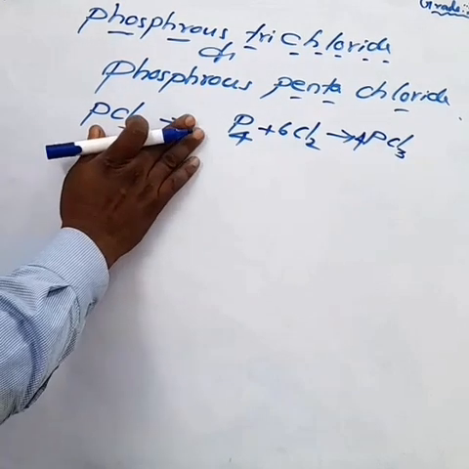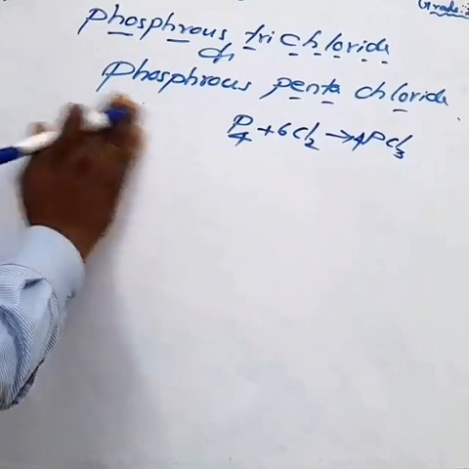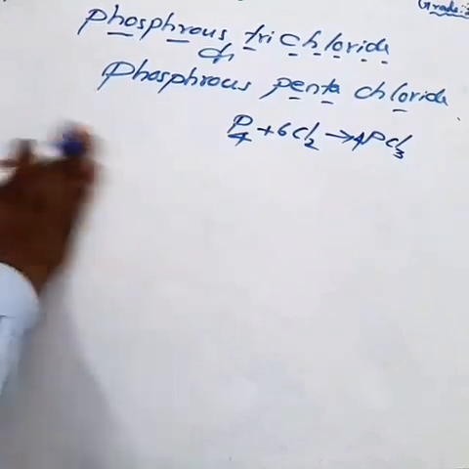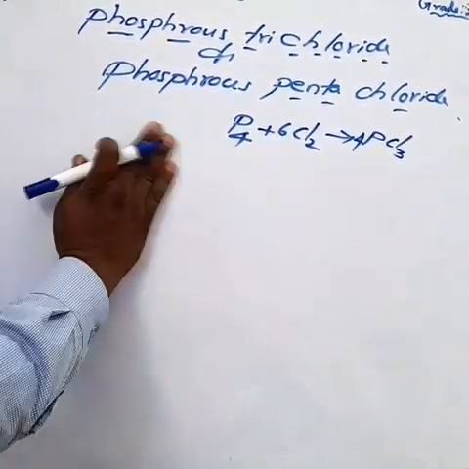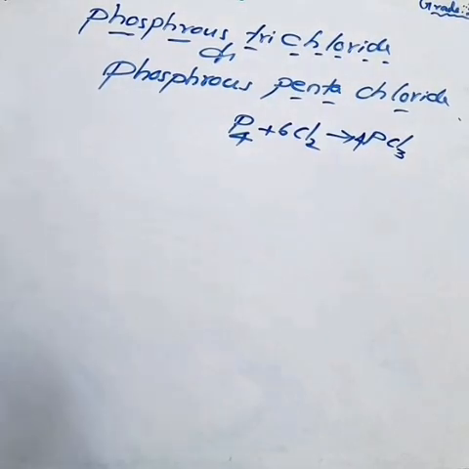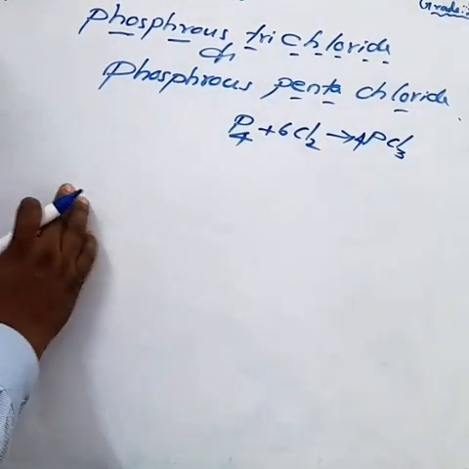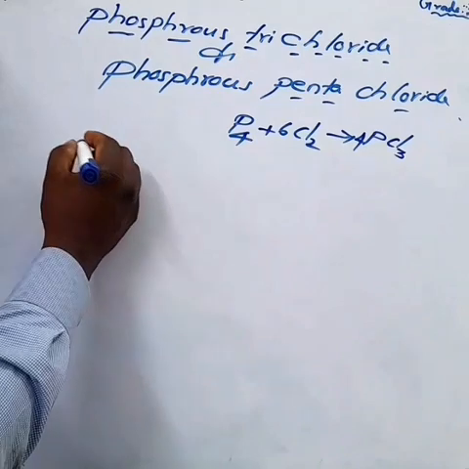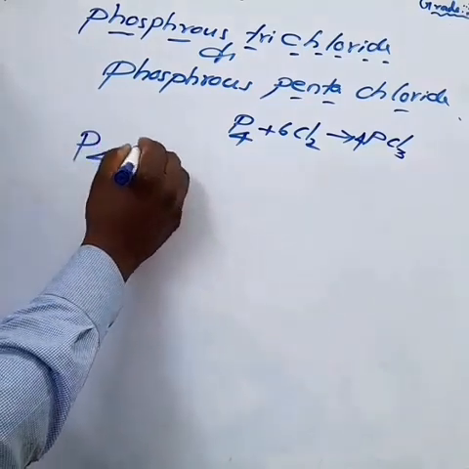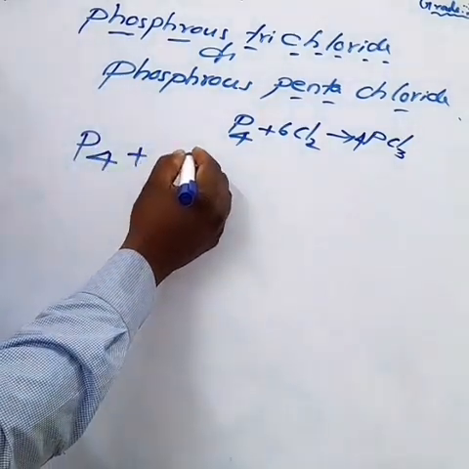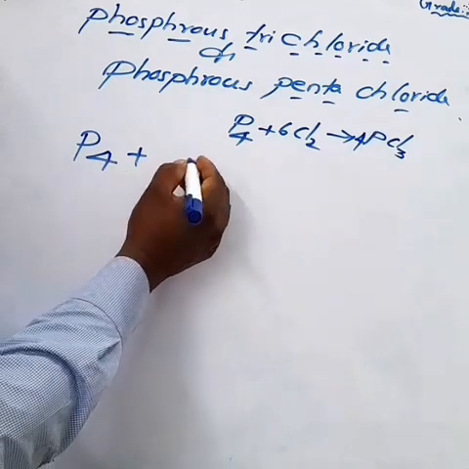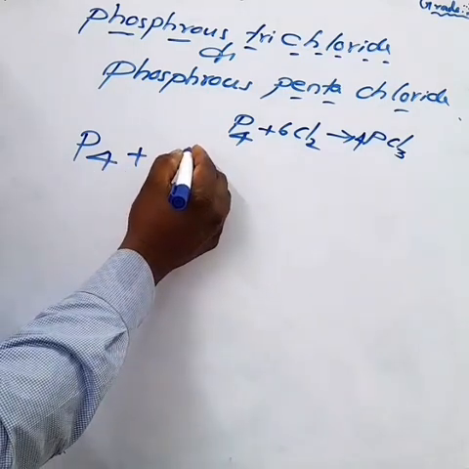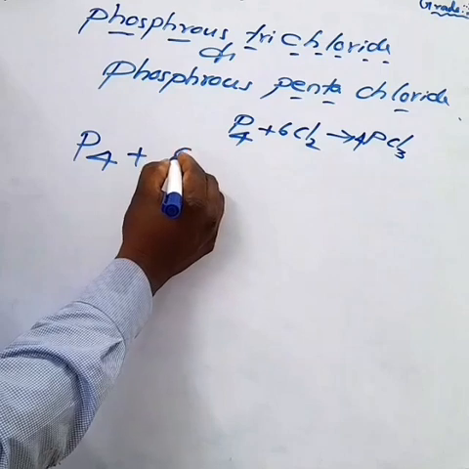This is one equation. Next, the other equation: phosphorus trichloride is prepared by the reaction between white phosphorus and thionyl chloride. What is the formula of thionyl chloride?